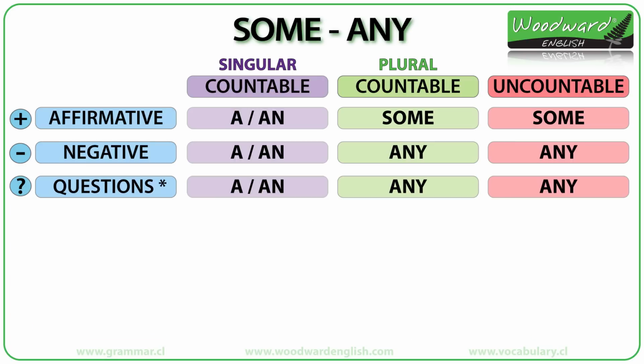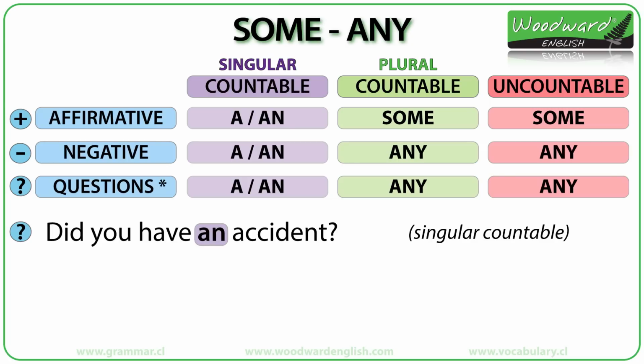Now we need to look at questions. We normally use a and an with singular countable nouns and any before plural countable nouns and uncountable nouns. Let's look at the following examples. Did you have an accident?